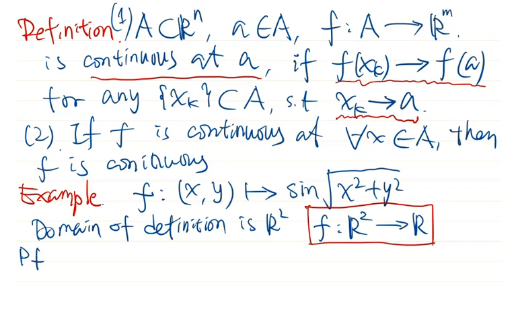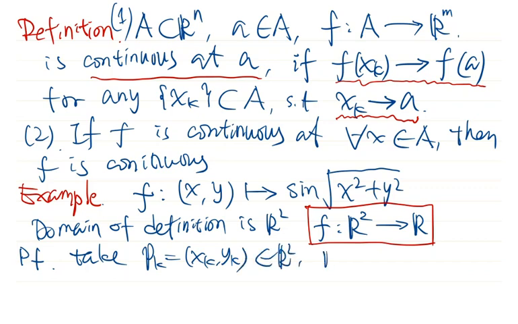According to the definition, we take pk, this (xk, yk) in R^2, and pk converges to a point p. Maybe we should take p first. We take p first. We want to show that the function is continuous on R^2.